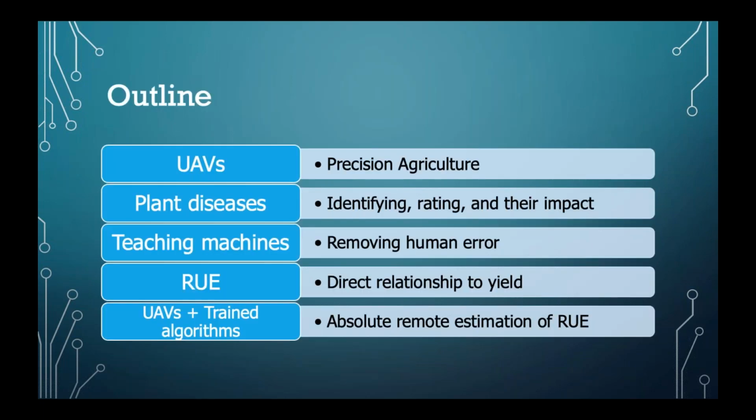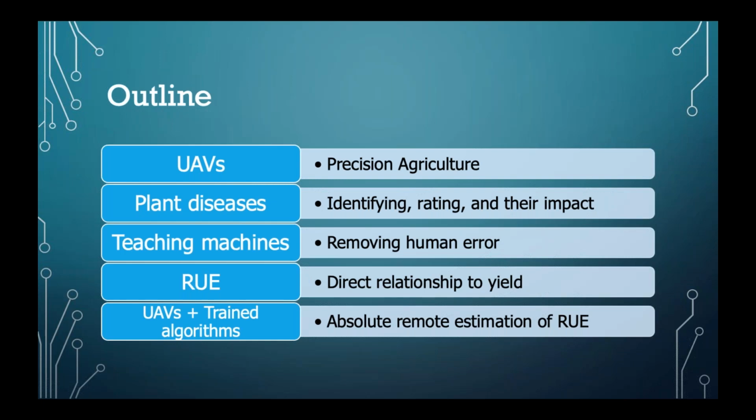And moving on to the outline of my presentation. So I'll talk about UAVs. I worked with them throughout some of my research, and plant diseases, of course. I'm a plant pathologist. We'll look into identifying, rating, and the impact they have on yield. Then we'll move into teaching machines, and I hope that interests you because it's something that's really moving quickly, especially in precision agriculture.